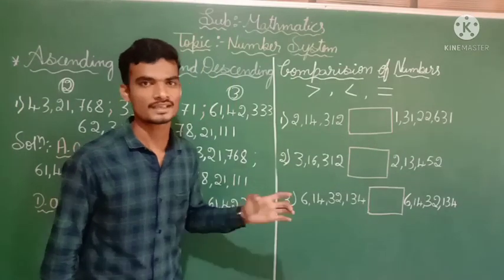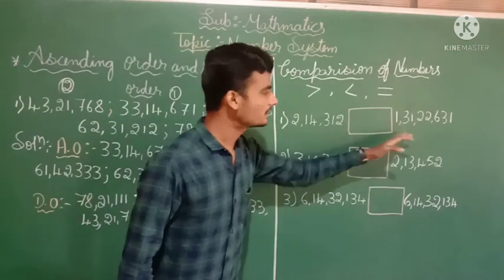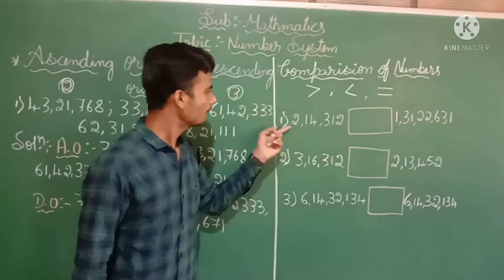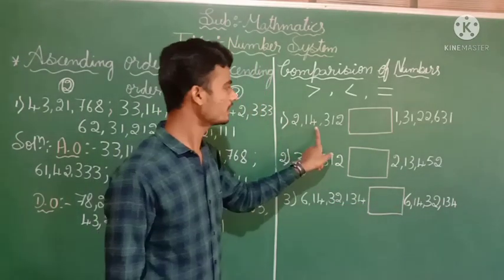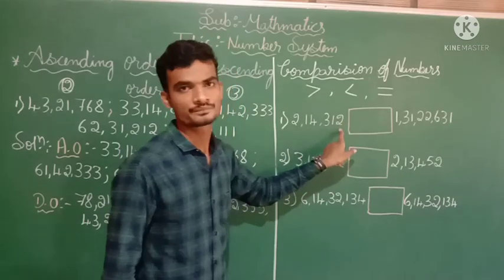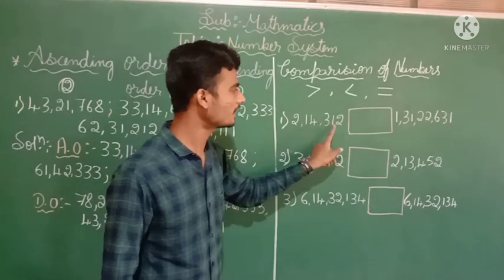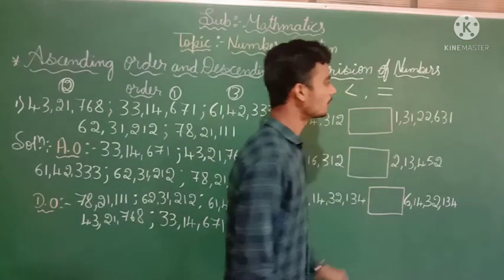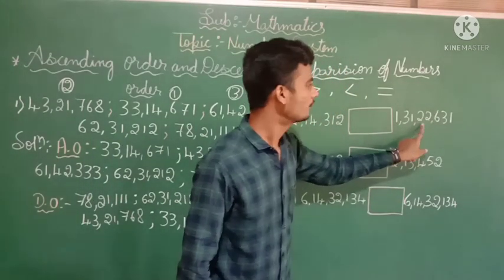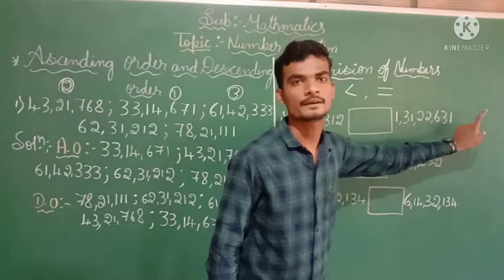So I have taken 3 examples. First example is 2,14,312. I have taken 2,14,312. Next 1,31,22,631.